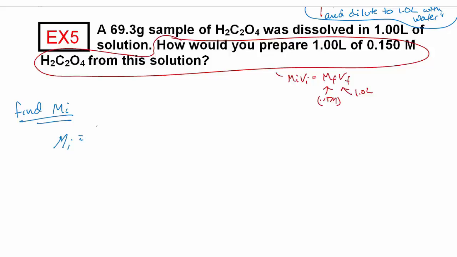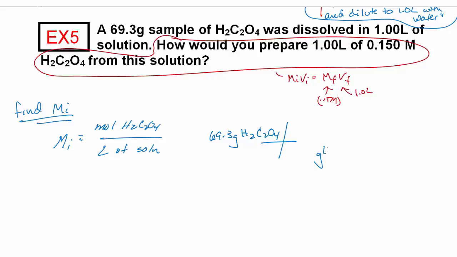Mi is going to be the moles of oxalic acid all over the liters of solution. I have 69.3 grams of this oxalic acid. How many grams of this stuff are in a mole?